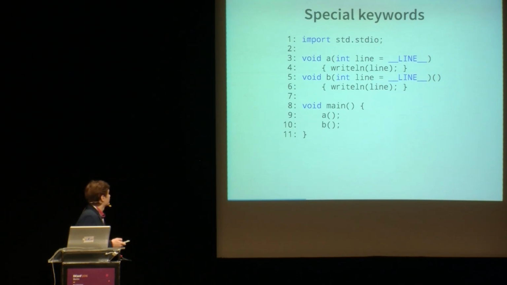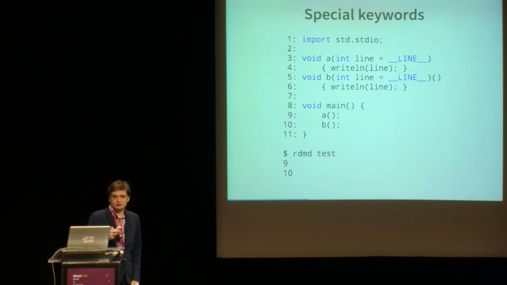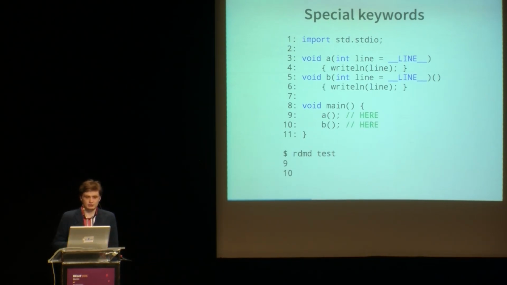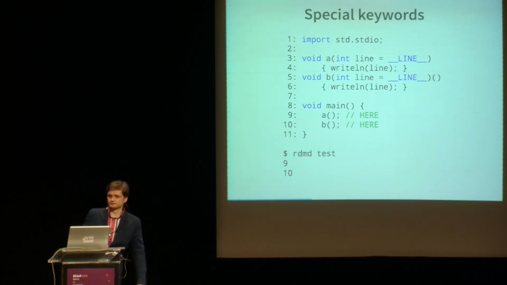If you place them as the default parameter of a function, they will be evaluated not where they appear, so not on lines 3 and 5, but wherever the function is called, lines 9 and 10. This is pretty awesome for logging because you don't need to use something like string mixins to get the line number or look at the stack trace. So lines 9 and 10 are right where the functions are called.